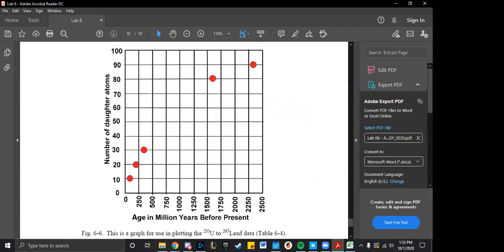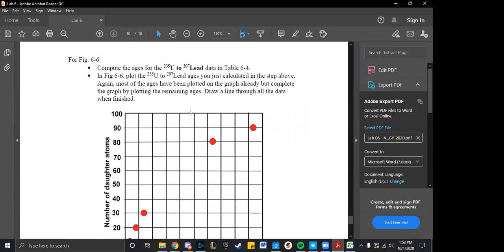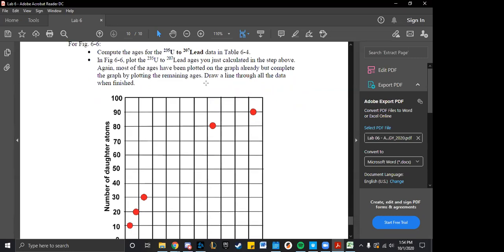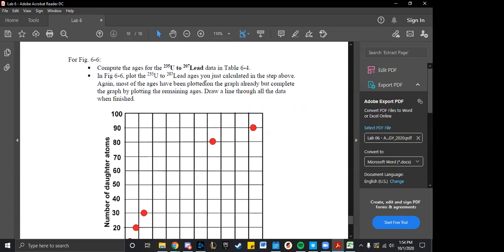So for this next figure 6.6, rather than using the 206, we're going to use the 207. The one that we filled in, those are the years that we're going to do. On 6.2 or 6.4? 6.4.